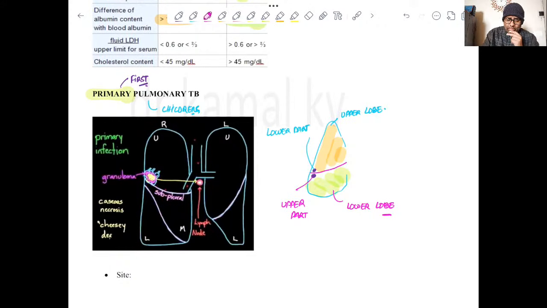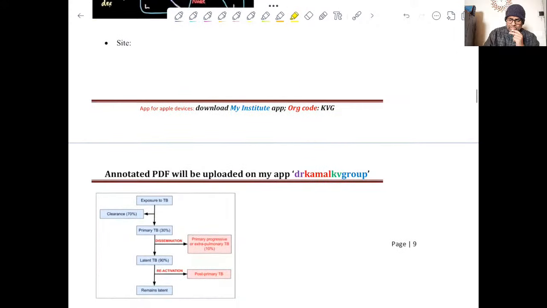Now this is actually a subpleural lesion, and when we say subpleural, it means it is just below the pleura. So pleura is somewhat like this. So it is a subpleural lesion. So this is the site.